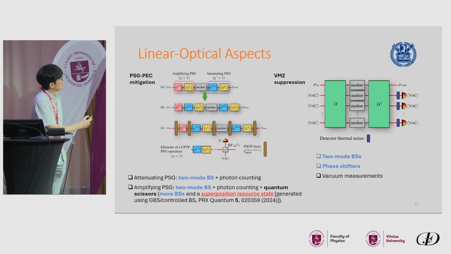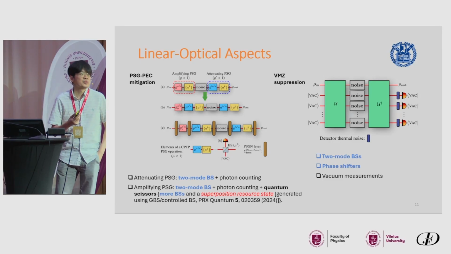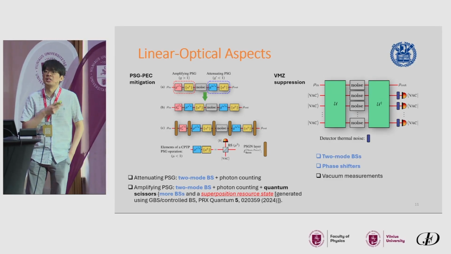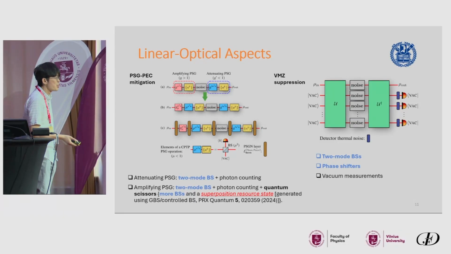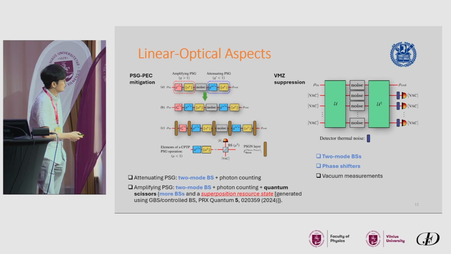So I mentioned linear optical methods, but whenever you read papers on linear optical methods, there's always a plus plus. So what are the plus pluses? The measurements, of course. But for the PSG mitigation, there's something more. Because if you were to implement linear amplification in an experiment, say with quantum seizures, then additionally you would need some resource state.